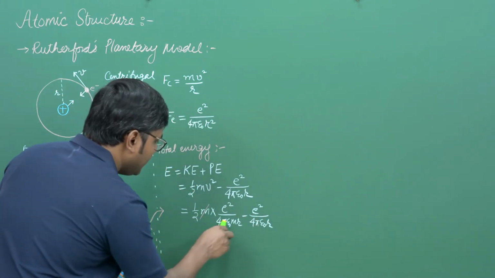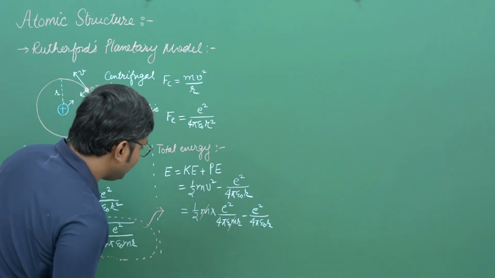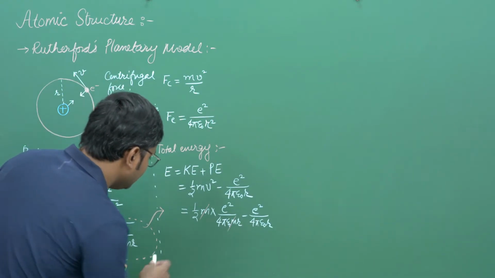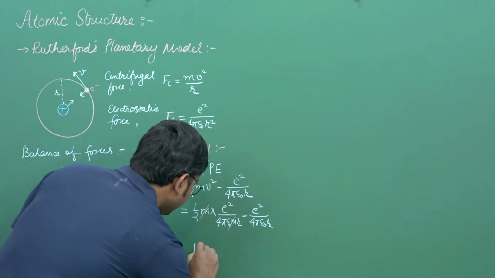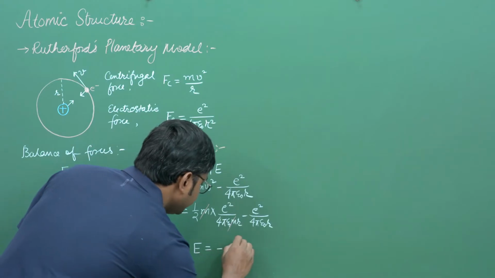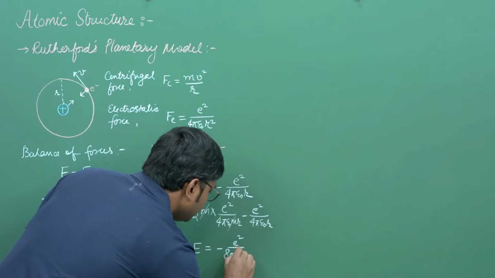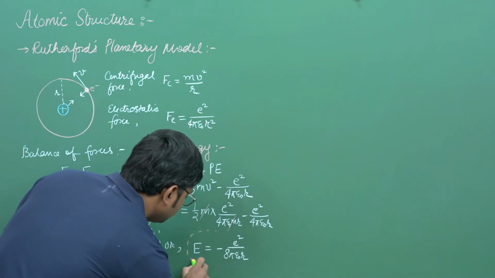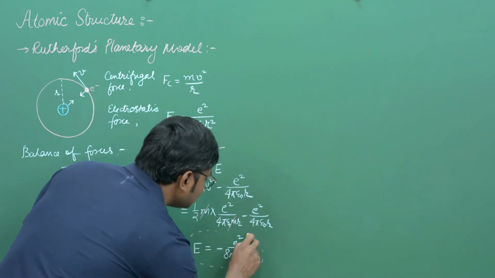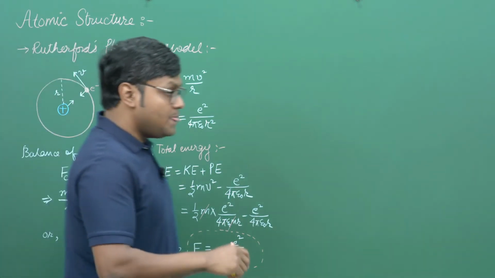Here m and m get cancelled, and we are left with this final expression for energy. The total energy of the system is equal to minus e square upon 8 pi epsilon naught r. So there you have it, based on classical ideas, the total energy of a hydrogen atom that we have obtained.